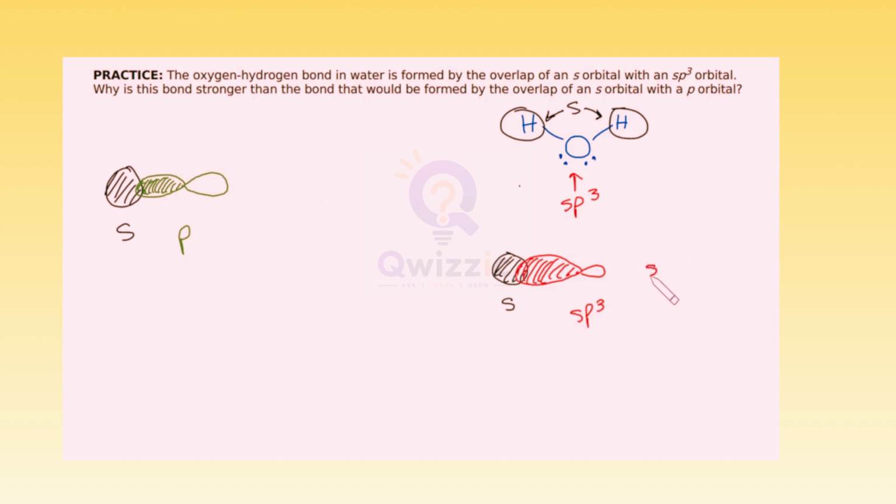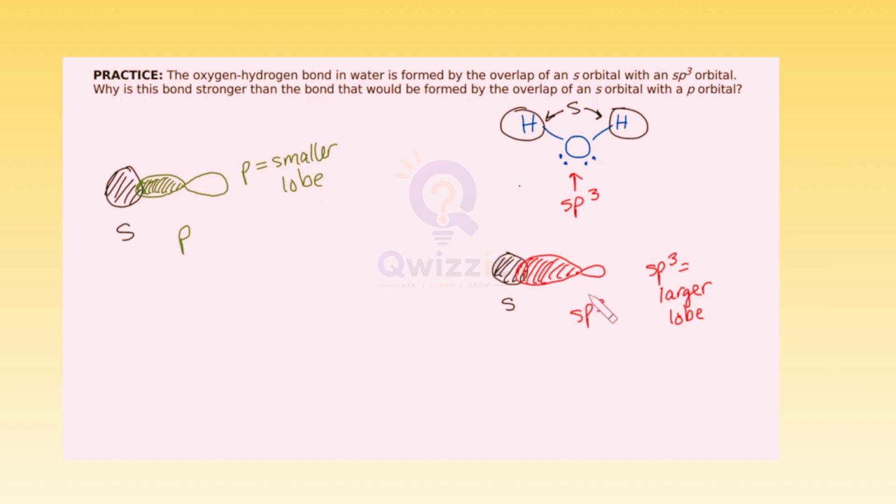So the sp3 is going to have a larger lobe than the p orbital, which has a smaller lobe. And that means the sp3 orbital is going to have a higher electron density compared to that unhybridized p orbital.